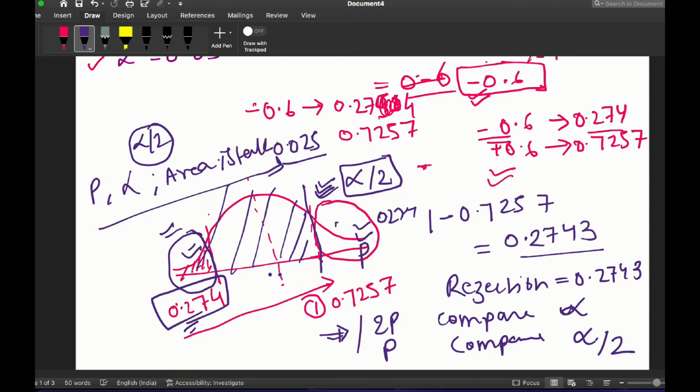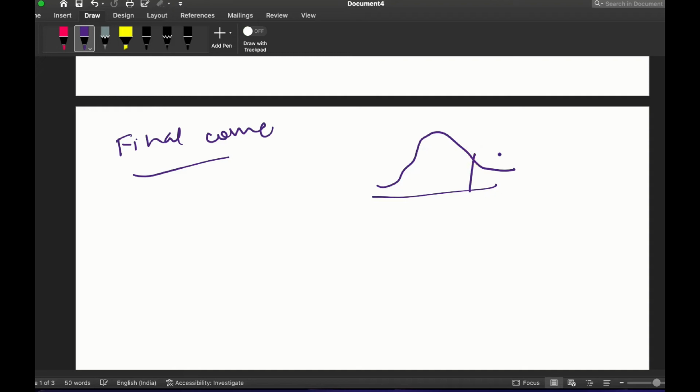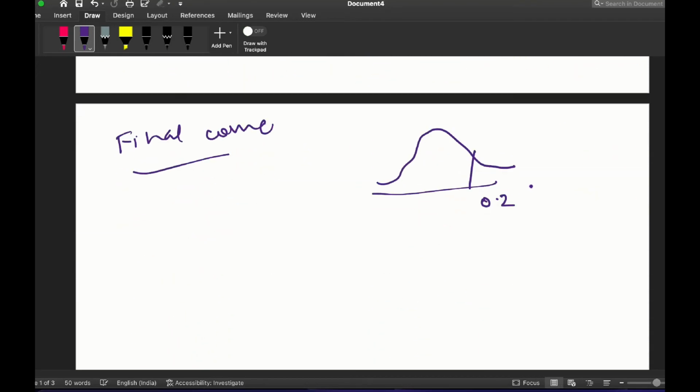So now we are ready for the final conclusion. We have seen this p is 0.2743 and our alpha value was 0.025.